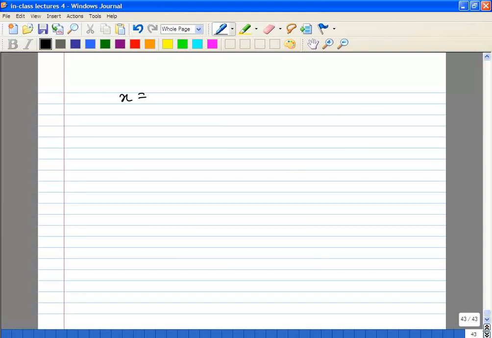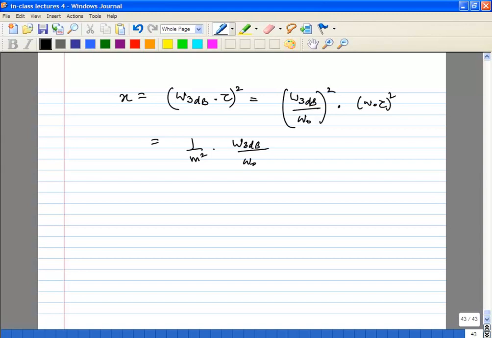So remember, x is omega 3 dB times tau the whole square, which is omega 3 dB or omega naught the whole square times 1 over m squared.